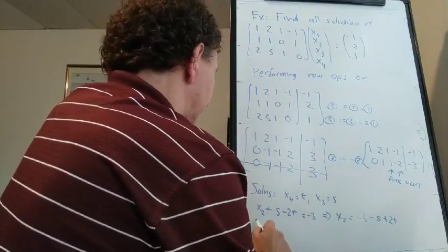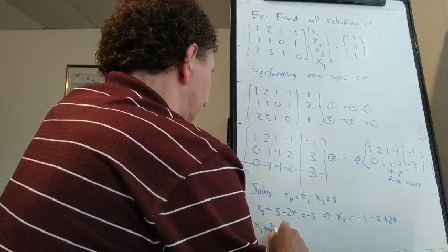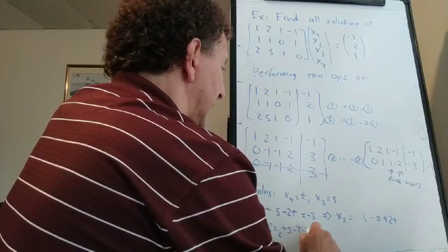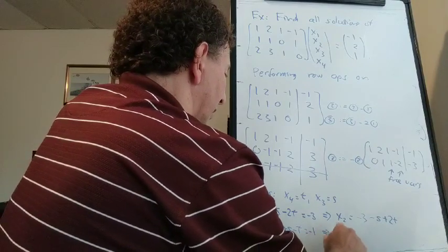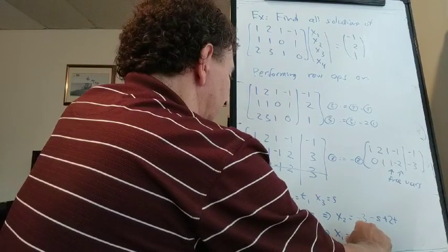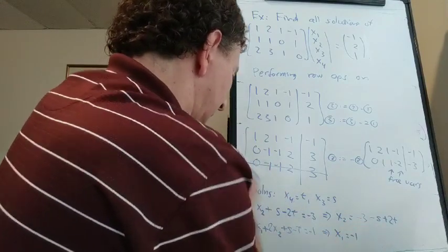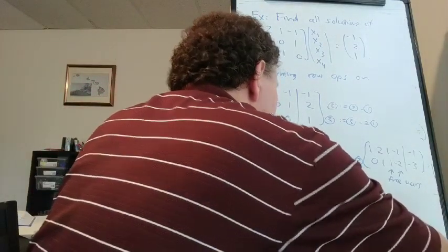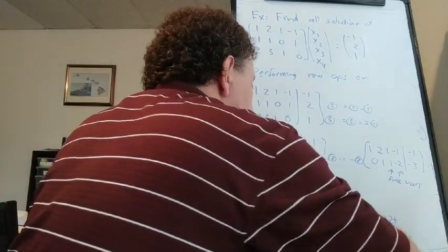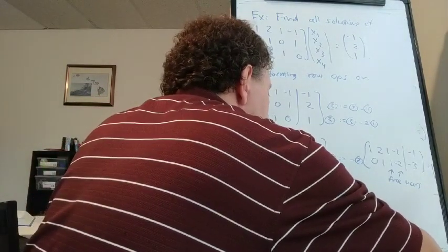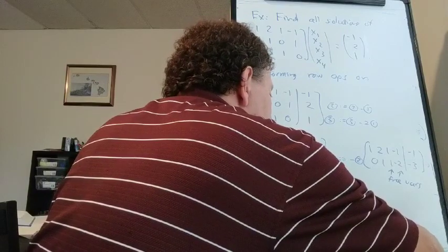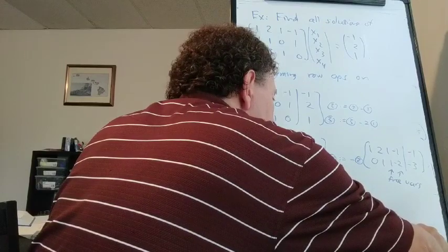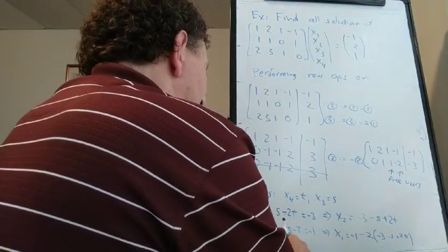And then the first equation tells us that x1 plus 2x2 plus s minus t equals negative 1. Or in other words, x1 equals negative 1 minus 2x2 minus s plus t, which is negative 1 minus 2 times negative 3 minus s plus 2t, minus s plus t.